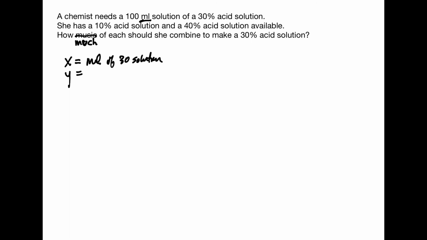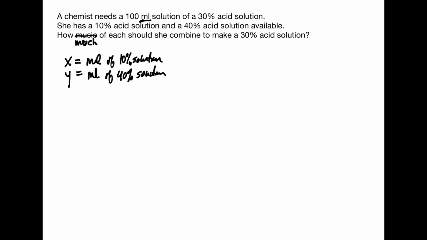Actually, no, I'm sorry. We don't want the 30% solution. Let me go back. 30 is the one I want in the very end. We want the other two. So we're going to take the more diluted, so the 10% solution, and then Y will be the milliliters of the 40% solution that I need.